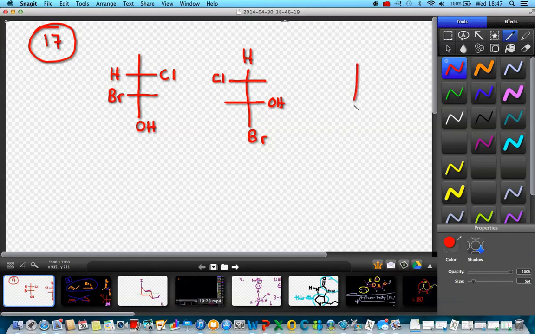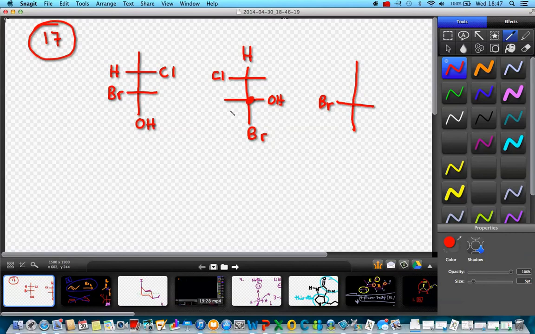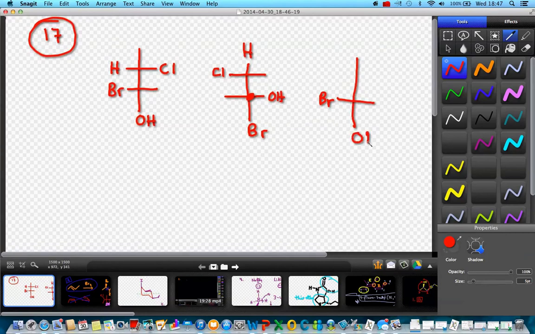For example, on the bottom, why don't we flip the Br and the methyl, and then flip the OH and the methyl. Notice this bottom equals this bottom. So these are the same configuration. Doesn't matter if they're R or S. They're the same.